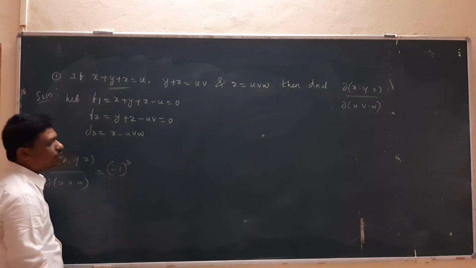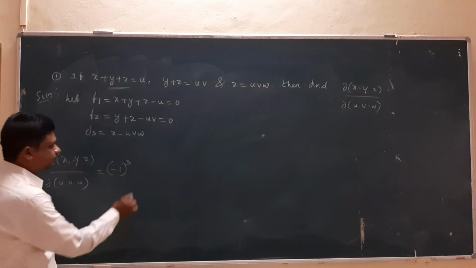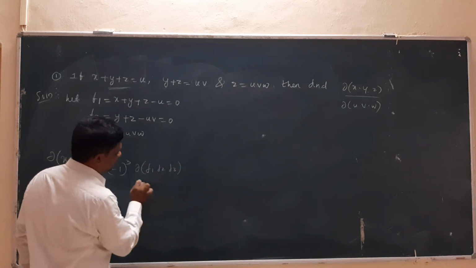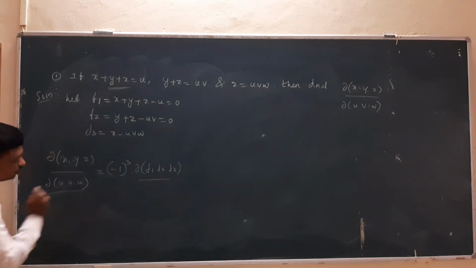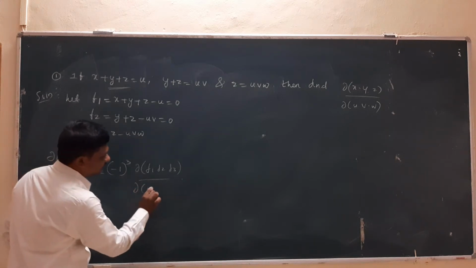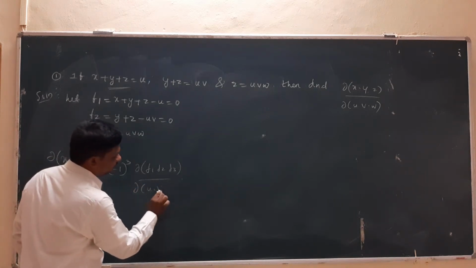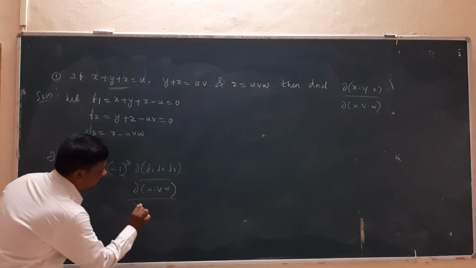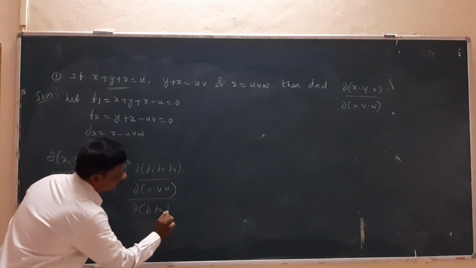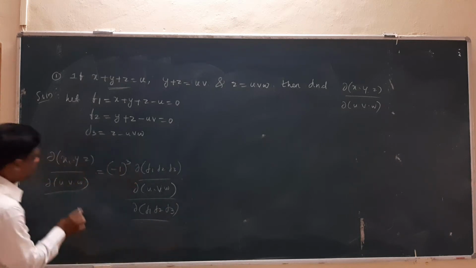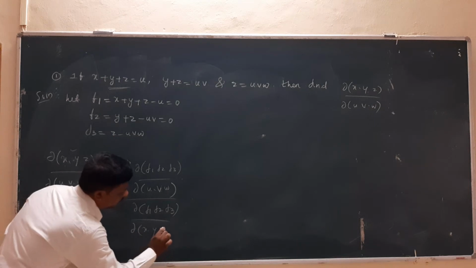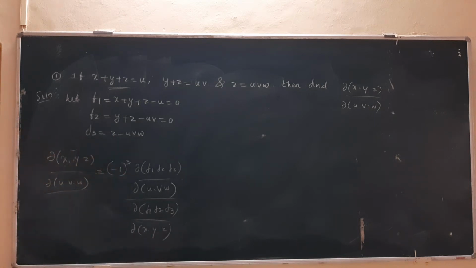So this becomes minus 1 cube, differentiation of f1, f2 and f3 with respect to u, v, w, whole divided by again differentiating f1, f2 and f3 with respect to x, y, z.